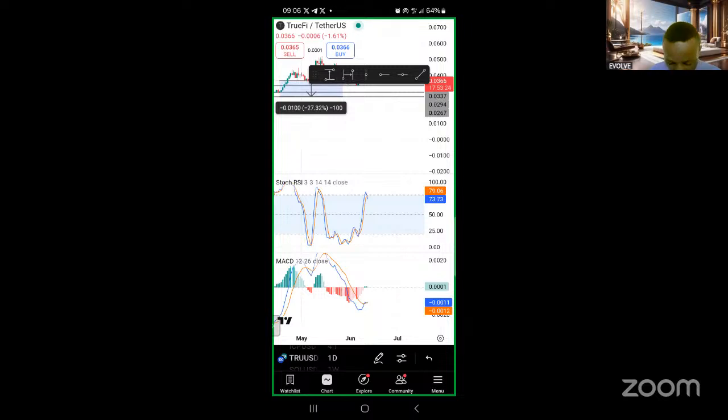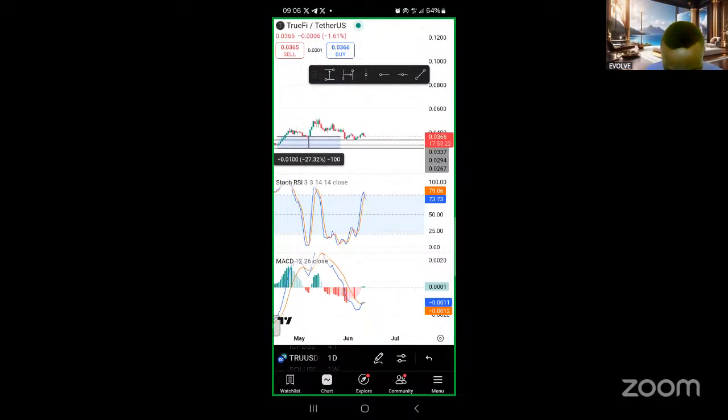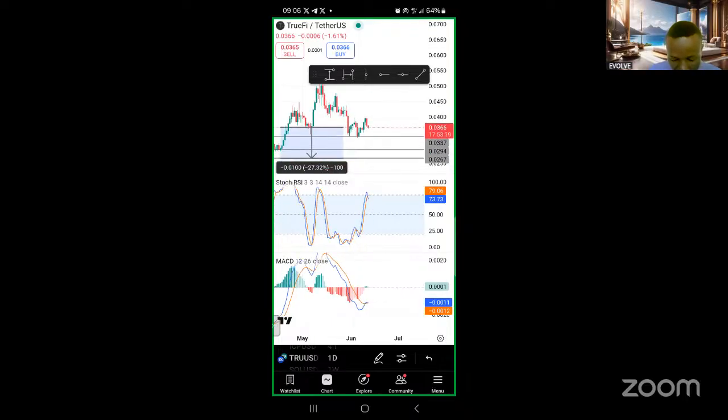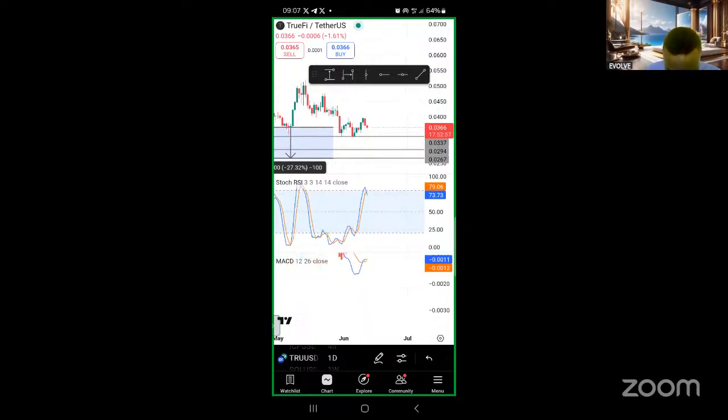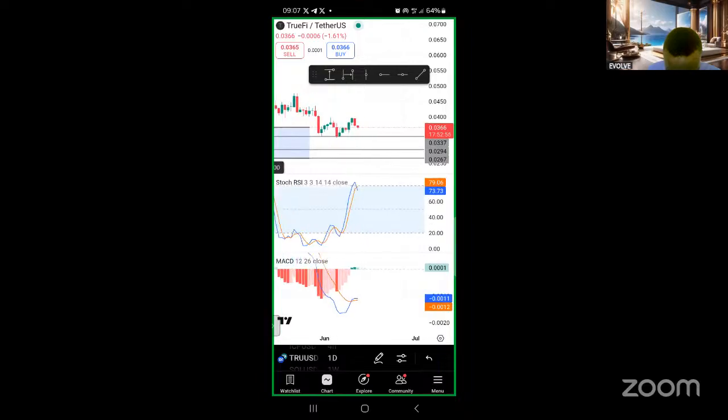But where am I seeing the opportunity from? This coin is bearish. It is down. So it is about to bounce back. And the lowest it can go in 1 day time interval is negative 27. And we are seeing a golden cross that just formed. When did it form? Let me see.